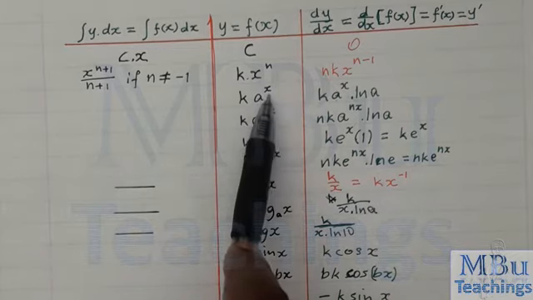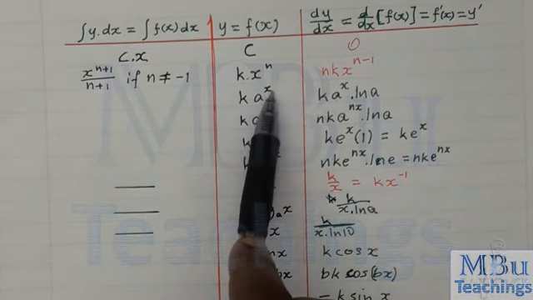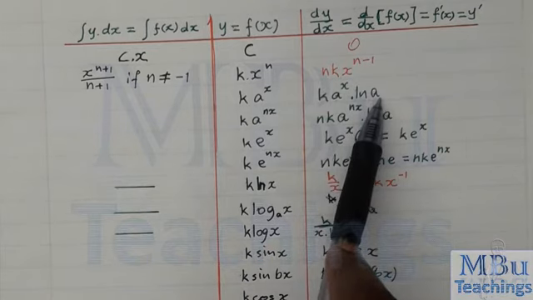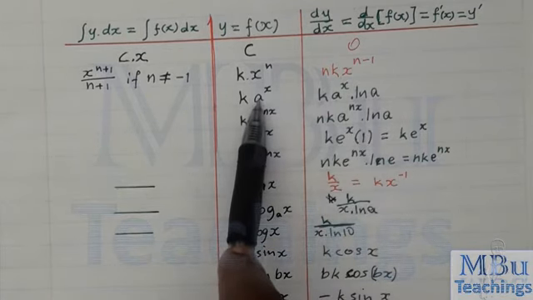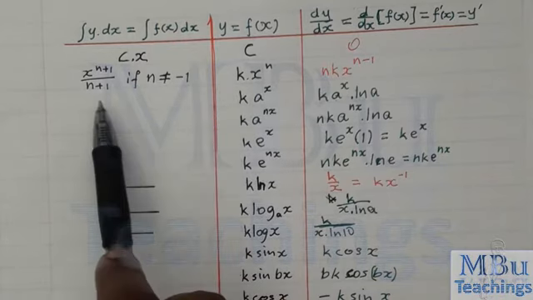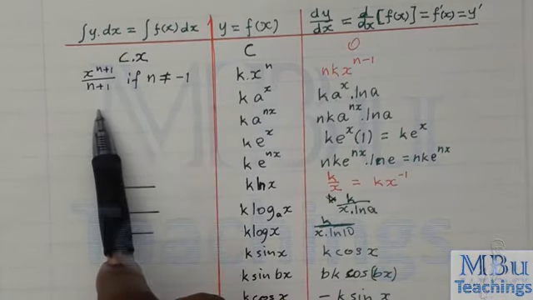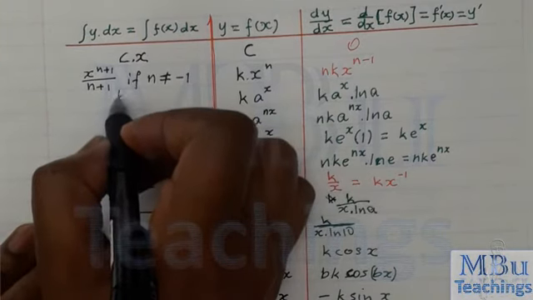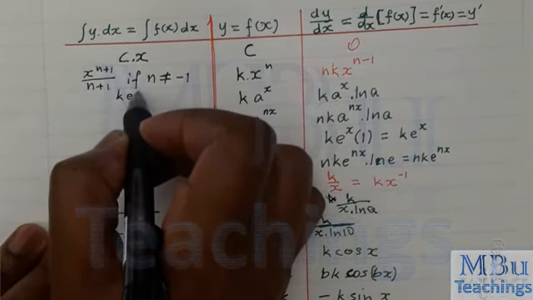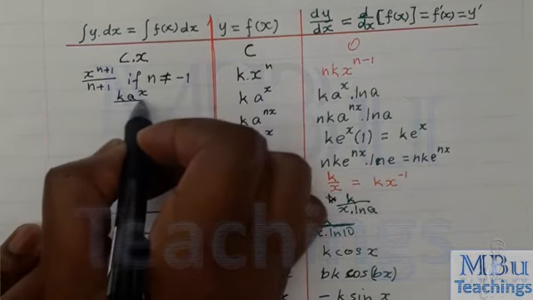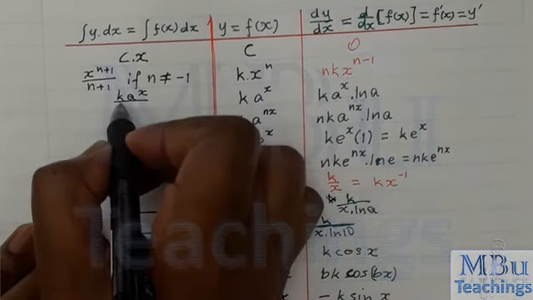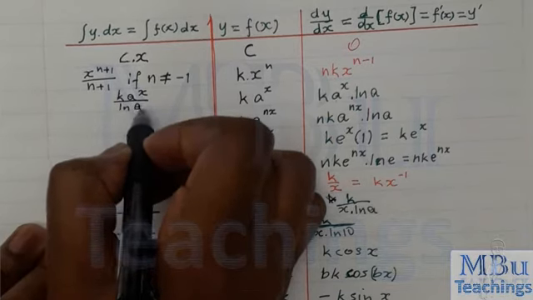Okay? So when we're differentiating a raised to x, we multiplied by ln a. So in other words, when we are integrating the same, we will divide by ln a. Okay, let me show you. We have our k, a raised to x, we multiplied by ln a, so now we should divide by ln a.